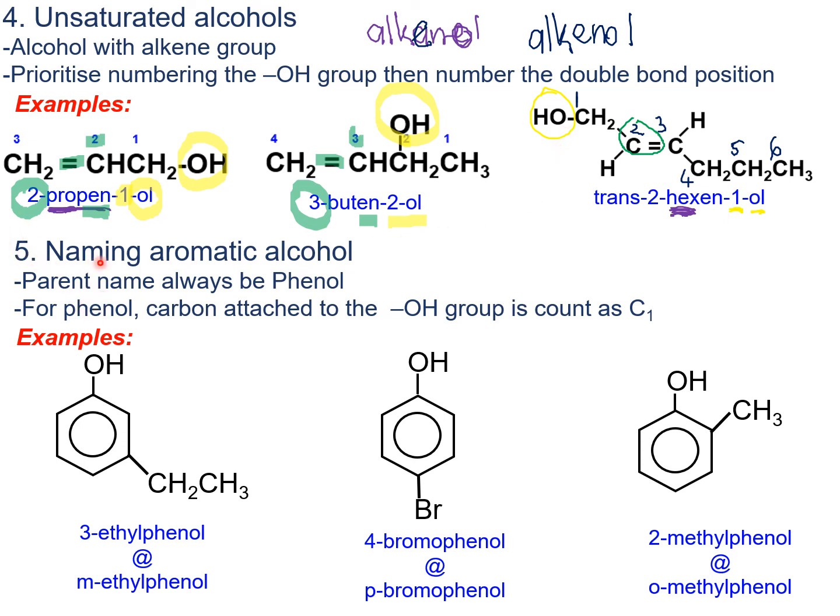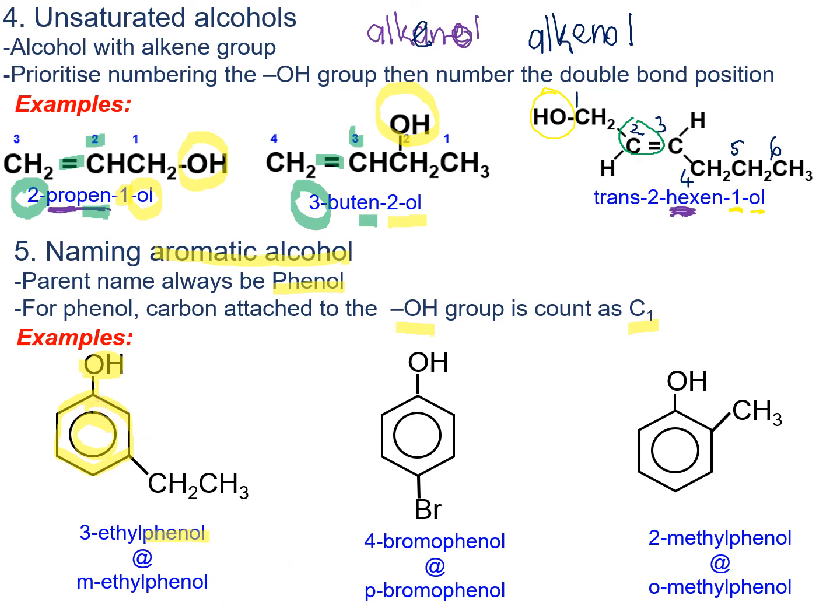Okay, so next, how to name aromatic alcohol. Aromatic alcohol ni is basically aromatic ring yang ada OH. Okay, so whatever it is, aromatic alcohol nama dia phenol. And the carbon yang directly attached pada OH group ialah carbon number 1. So for example, if you have this benzene ring yang directly attached pada OH, of course nama parents dia adalah phenol.